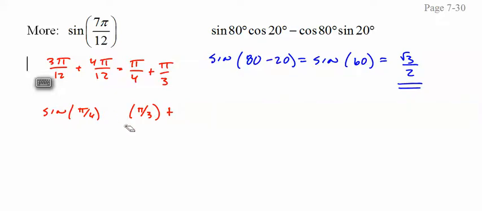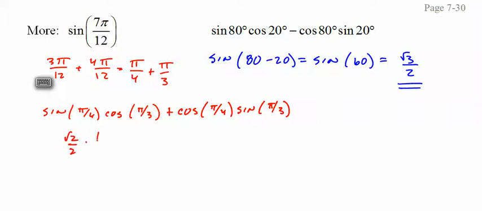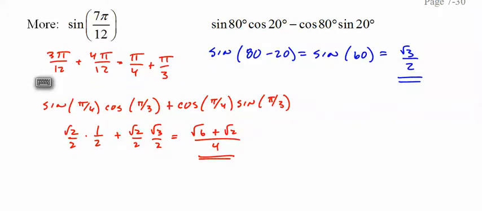Sine goes cosine, sine, cosine, right. And that is root 2 over 2, 1/2. Holy mackerel, this looks familiar. Root 2 over 2, root 3 over 2. I feel like writing the root 6 first. No, you don't have to. Over 4. Cool.